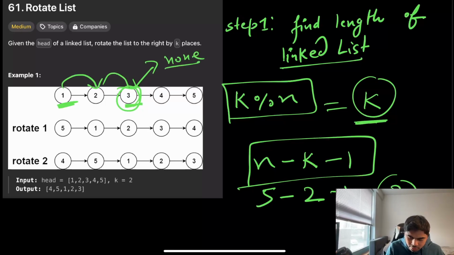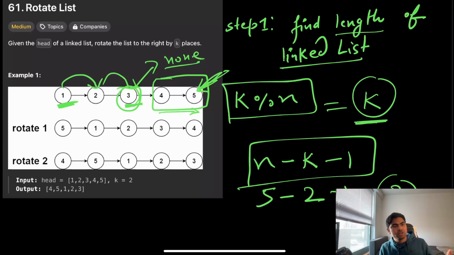So this is the remaining list we have. And what we can do is, instead of traversing again like when we were finding the length, we will make a reference to the last node, or tail node, of our second part, the part that needs to go to the front now.